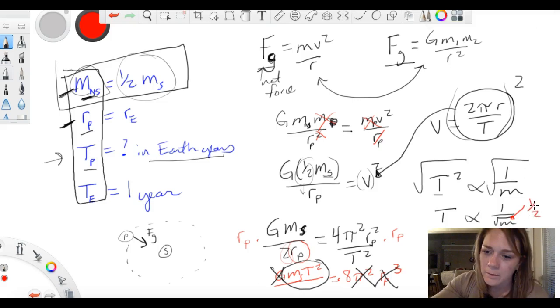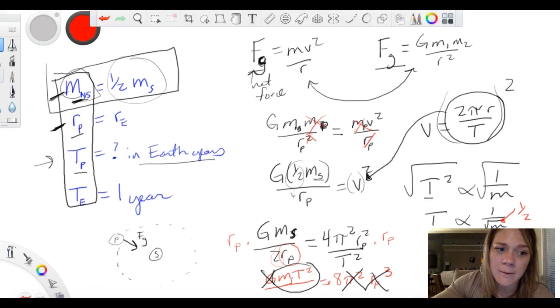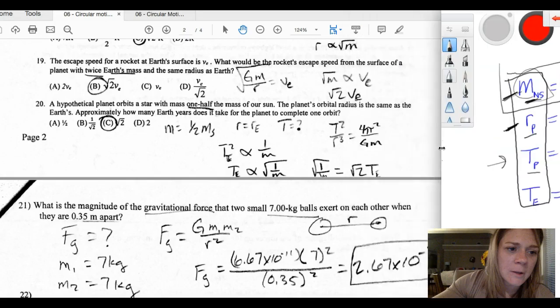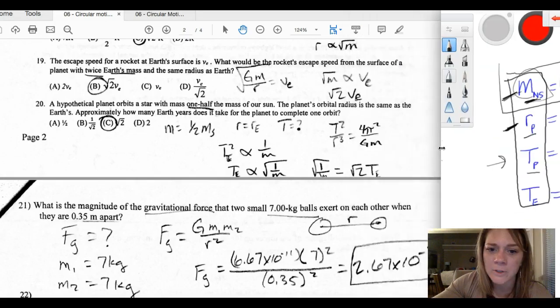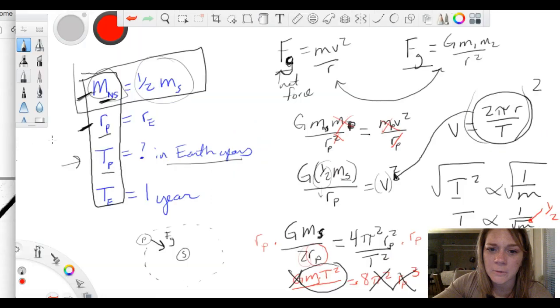So I get 1 over the square root of 1/2. And what does that become? Oops. Don't want to do that. It becomes the square root of 2. So the final answer is the square root of 2.